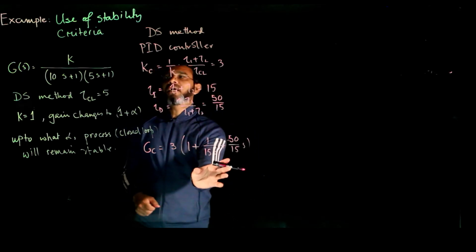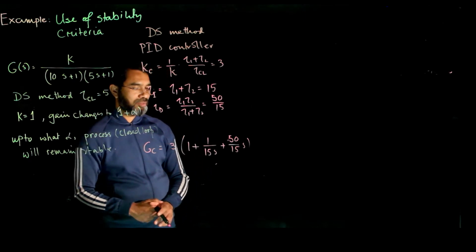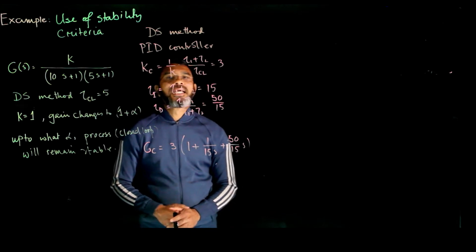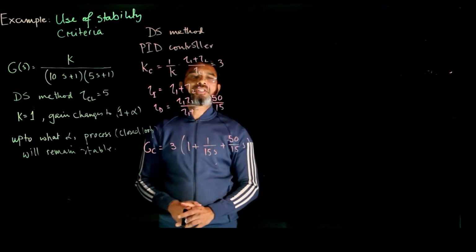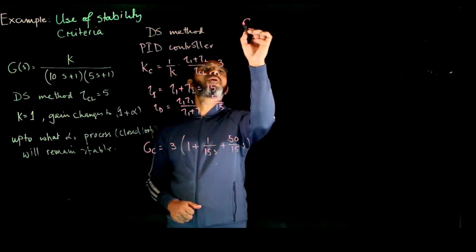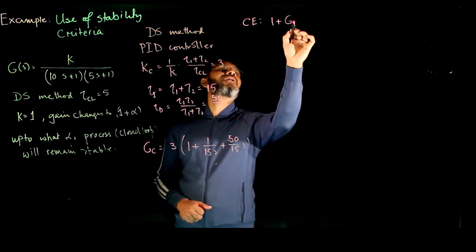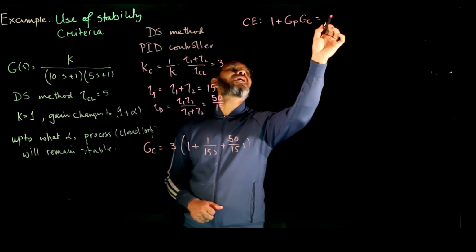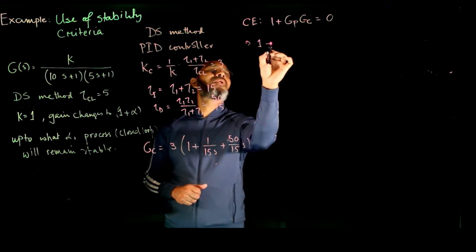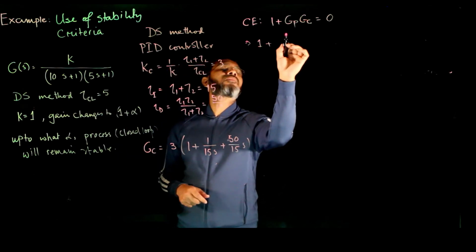Now you implement the controller in the process and the process changes. Now we have to find the characteristic equation for this changed process. So we get 1 plus Gp Gc equals 0. So we'll have 1 plus Gp is given by this.